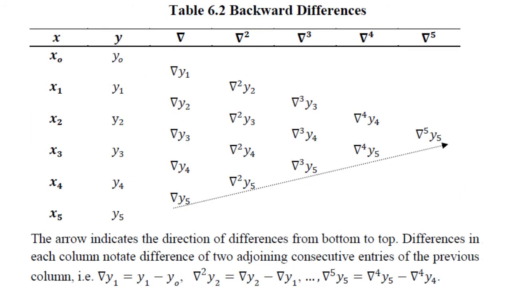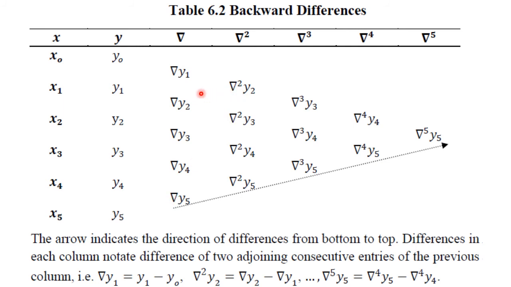See here, students: x naught, x1, x2, x3, x4, x5, and then y naught, y1, y2. Now, what is the notation for this? Backward operator on y1, not on y naught. If this were y naught, it would be the forward difference operator, but this is y1. Similarly, this is y2, y3, y4, and y5.